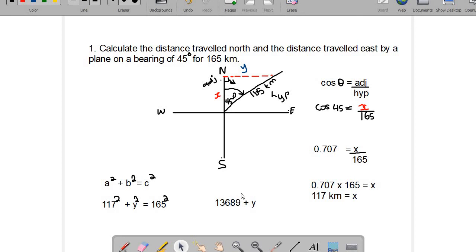So all I did was square 117, and I'm going to put this here. Then I'm going to figure out what 165 squared is. That gives me 27,225. All right.